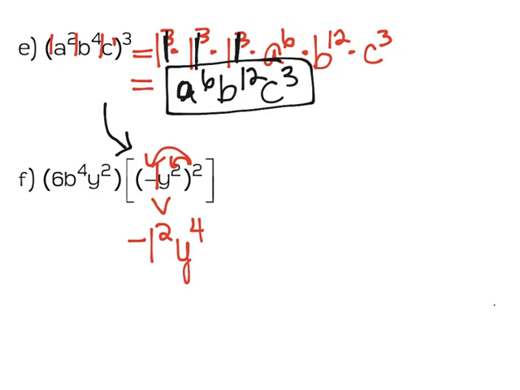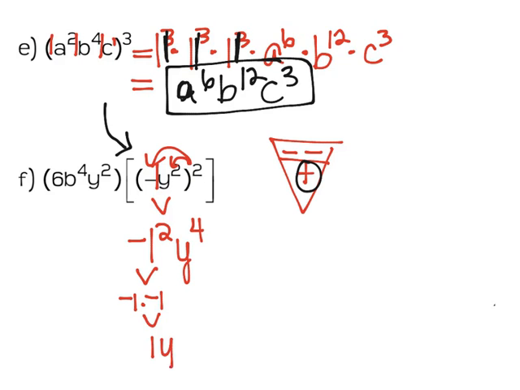Now -1 squared means -1 times -1, and a negative times a negative, or if we forget that, we can always use Captain Jack Sparrow. A negative times a negative is a positive. So this is going to give us a +1 y to the 4th, or just y to the 4th, because we don't need to write the 1 there.